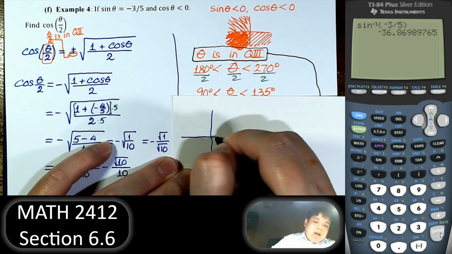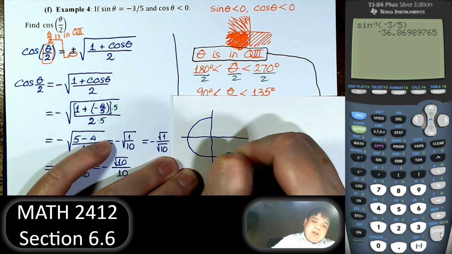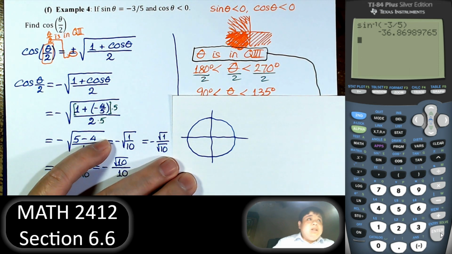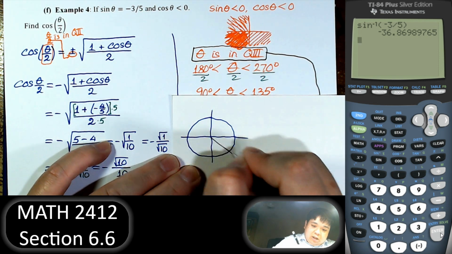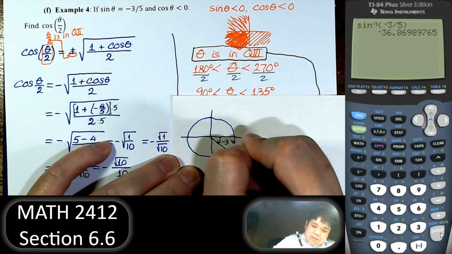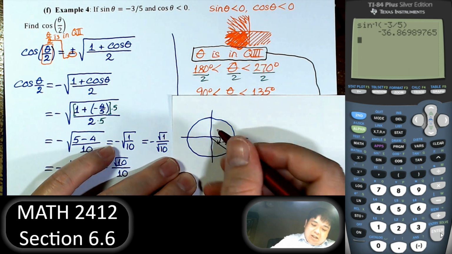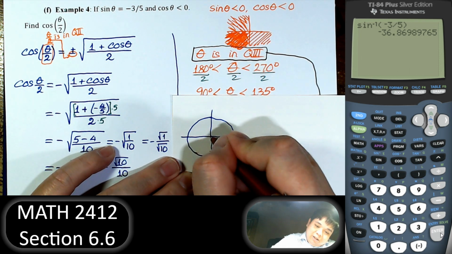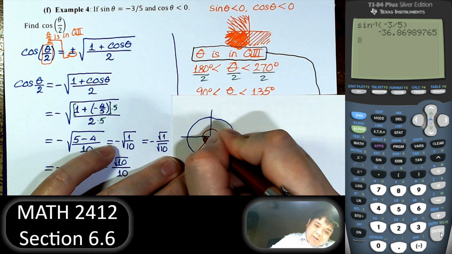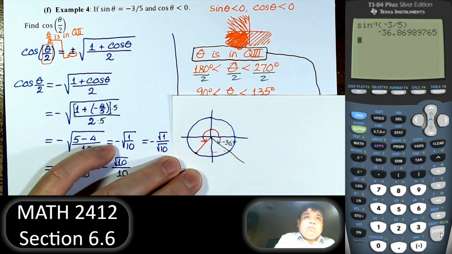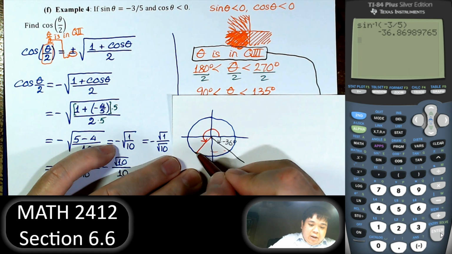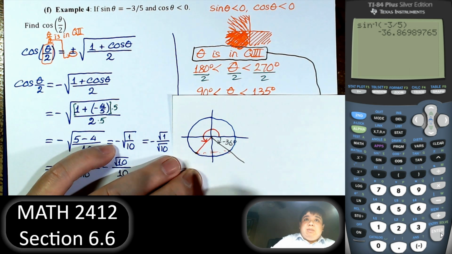Remember, we need to have quadrant 3. What we have is negative 36 something. But our answer, we need the answer that is this angle. Both of these have the same y values, the same sine values.